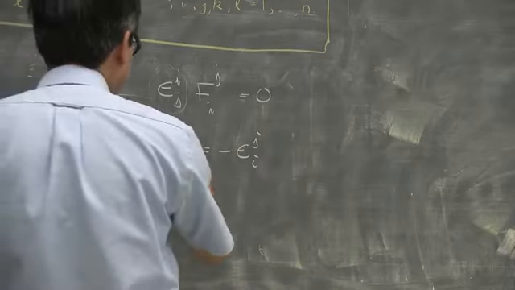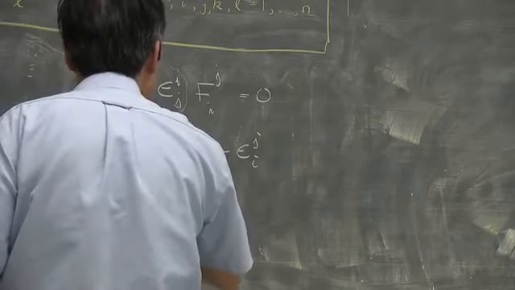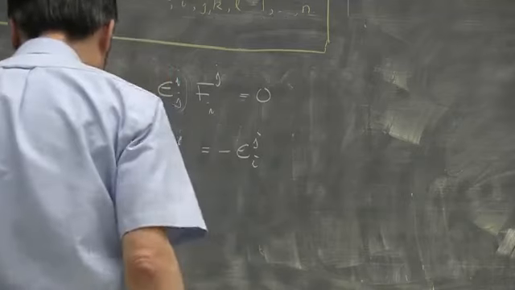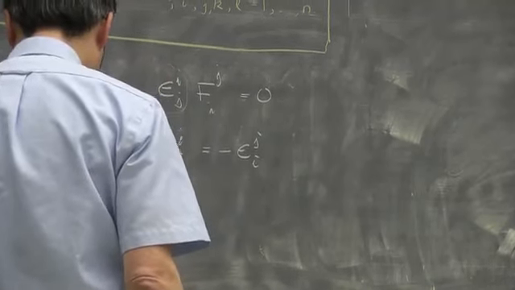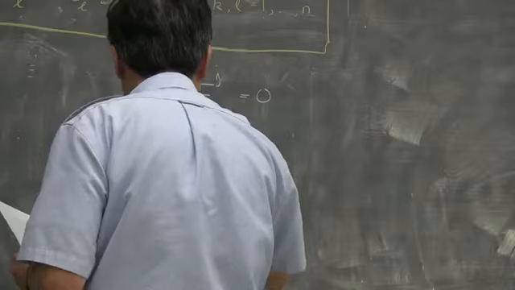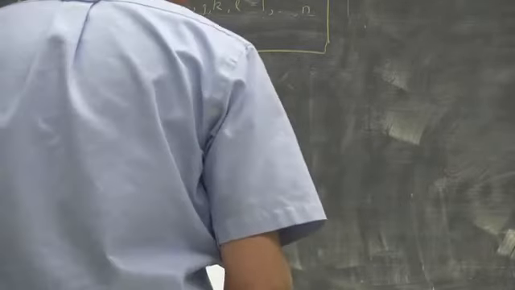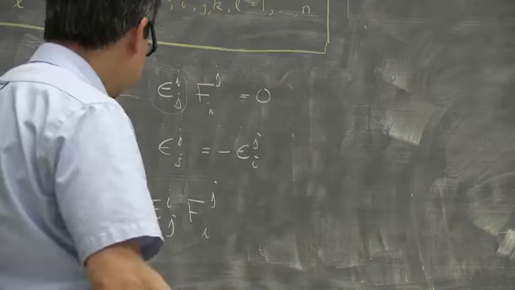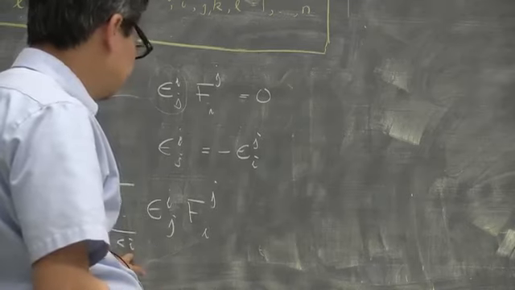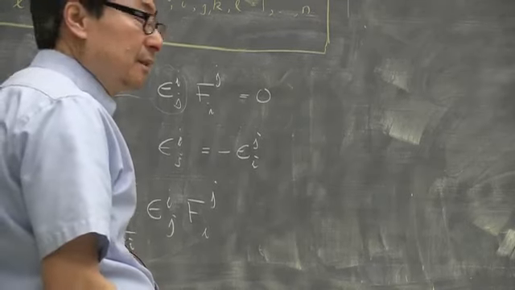See if you agree with me. Write down the epsilon ij, and so you first have fij, okay? So let's say this is only half the terms because I'm only taking j less than i.